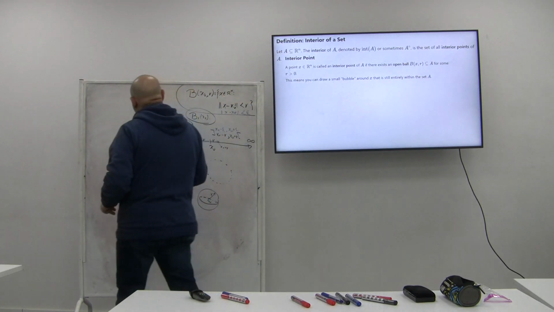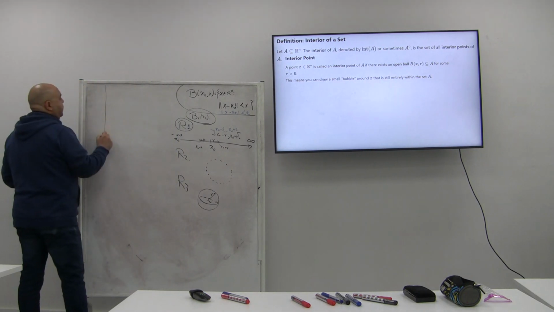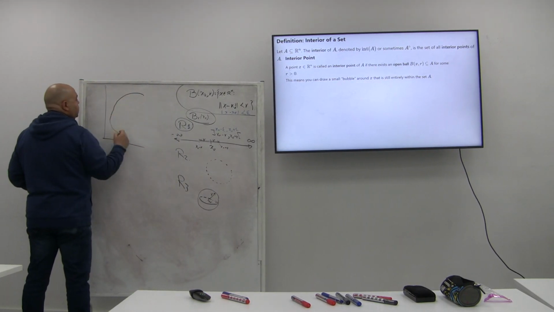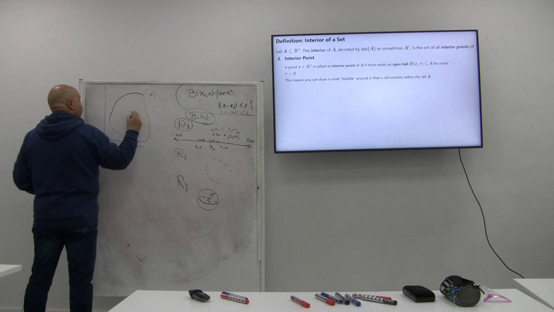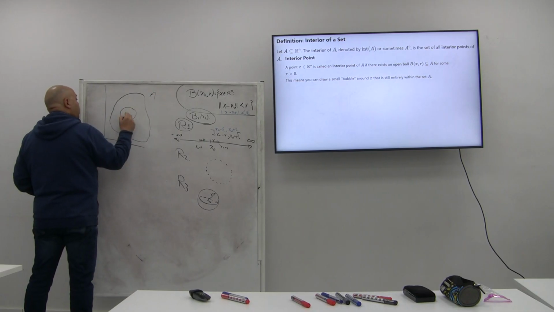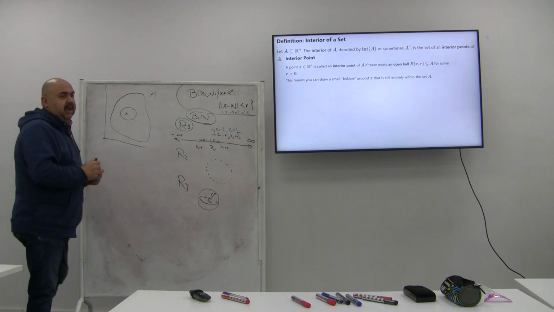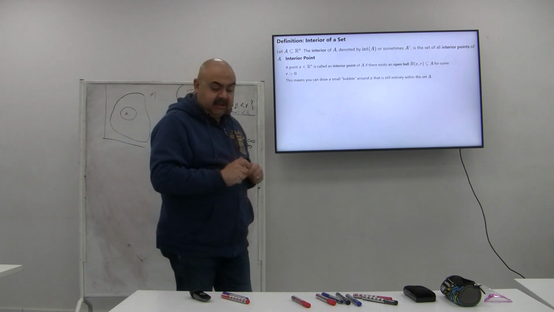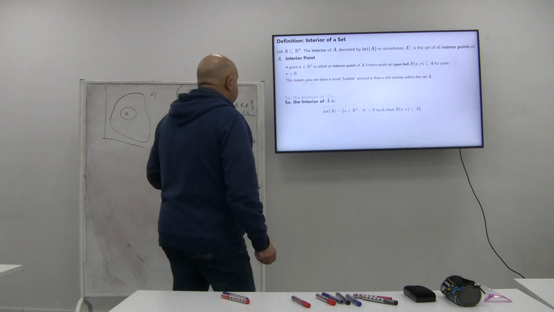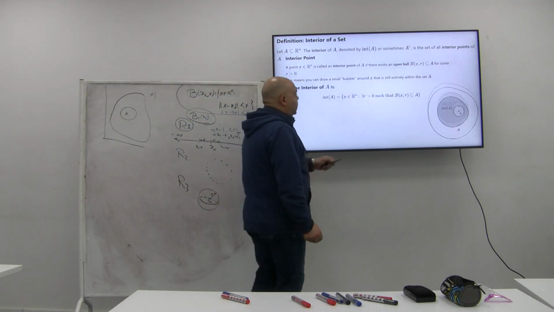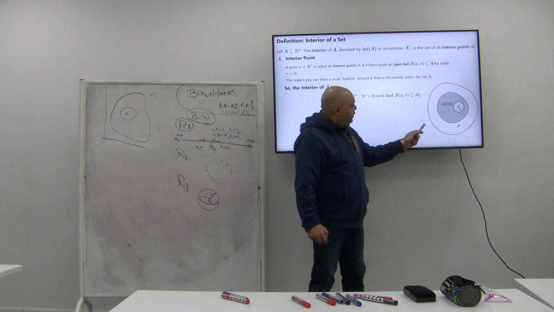If we would like to see a diagram describing this, if this is the set A, and you have an open ball around x, the open ball, with all of its points, will be inside this set A. And you will see it shortly in this diagram. Also, I made it for you.